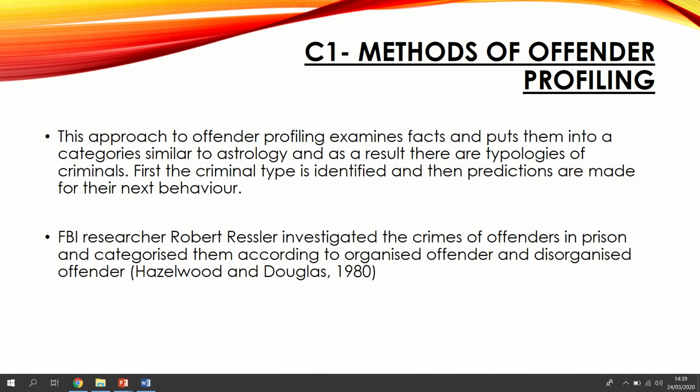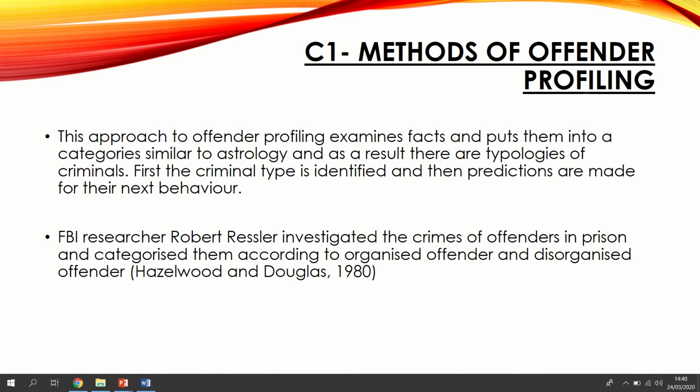So the FBI research by Robert Ressler investigated the crimes of offenders in prison and categorized them according to organized and disorganized offenders. The American version of offender profiling is called the top-down FBI approach. You can see on page 70 in your booklets, the American top-down approach has been created based on FBI research from the 1970s.